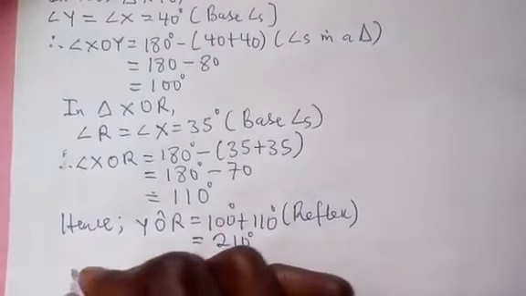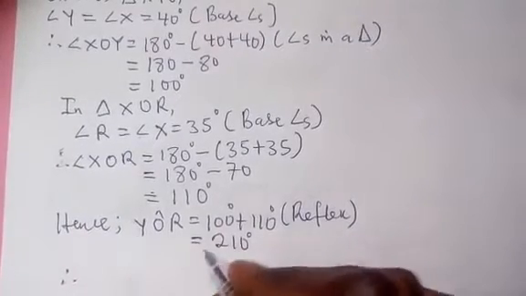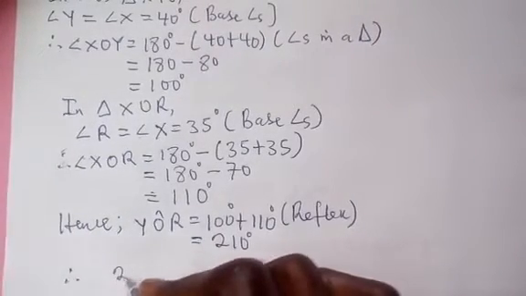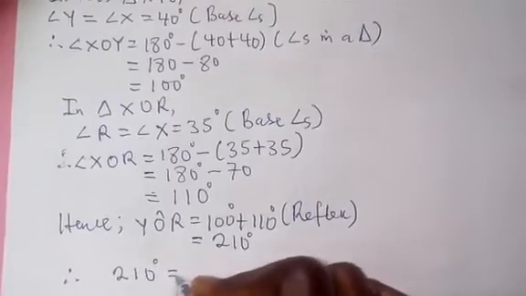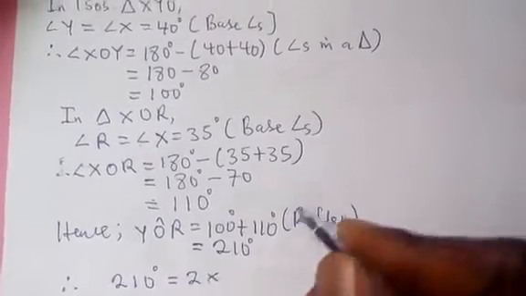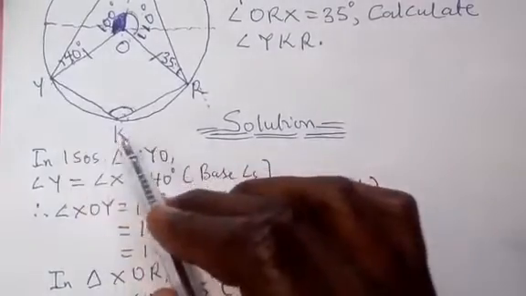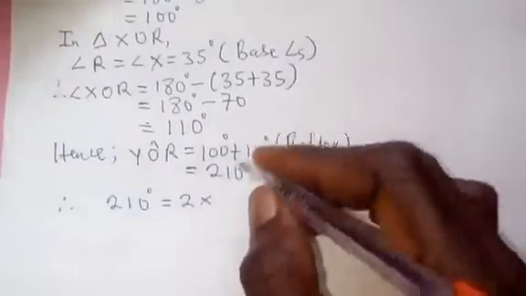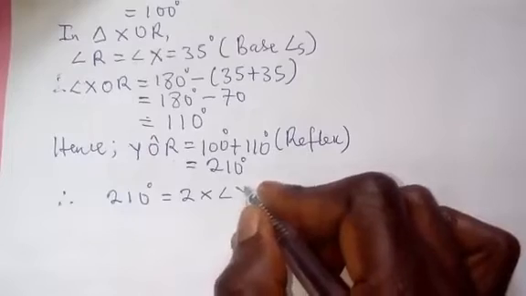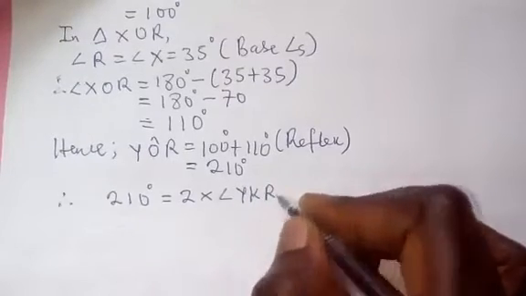So we are going to write that up now. We are going to say, therefore, the angle at center, which is what we are having here, 210 degrees, will equal 2 multiplied by the angle at the circumference, which is angle YKR. So write that out, angle YKR.